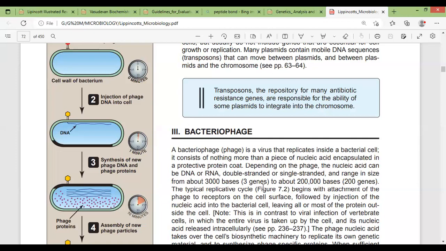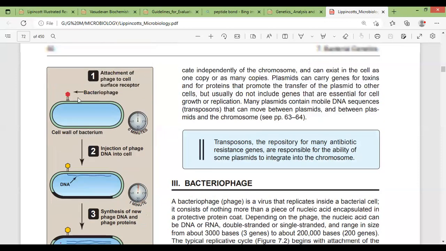So viruses are acellular organisms. At its core, bacteriophage is just a virus, but it's a virus that infects bacteria. We're revising a bit of virology.